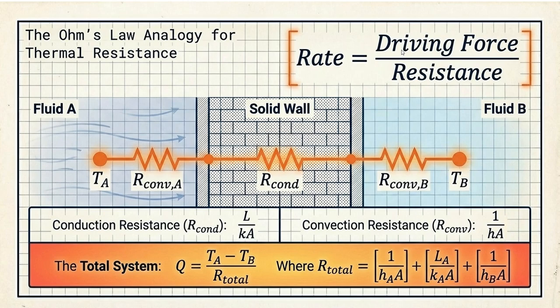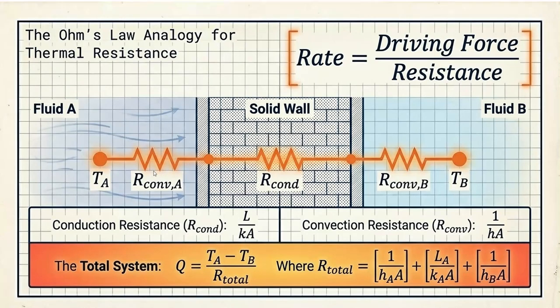This term is similar to the term we've used in Ohm's law. V equals IR, or I equals V by R. So rate here is the current, V is the driving force, and R is the thermal resistance offered due to the walls.